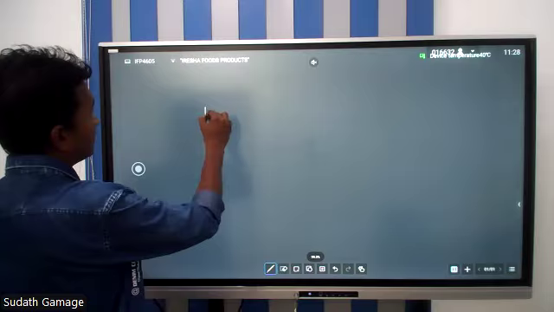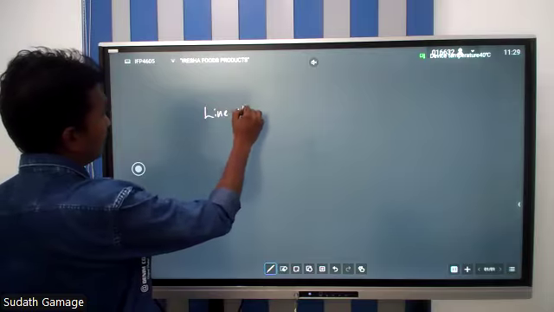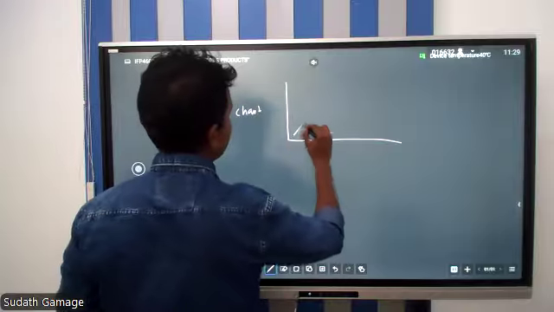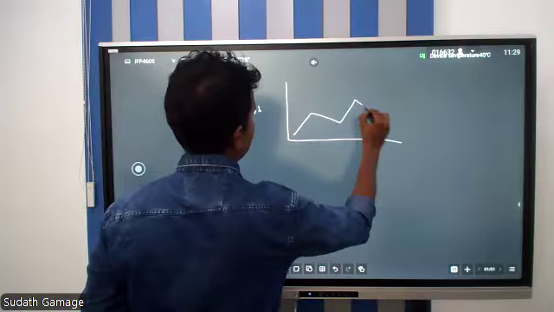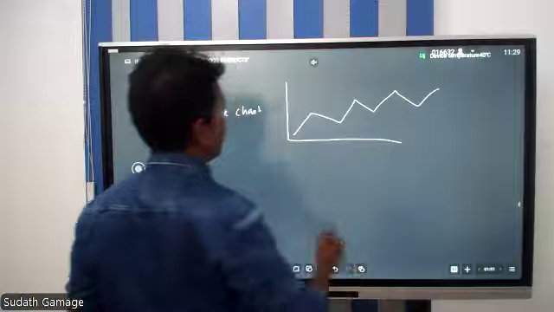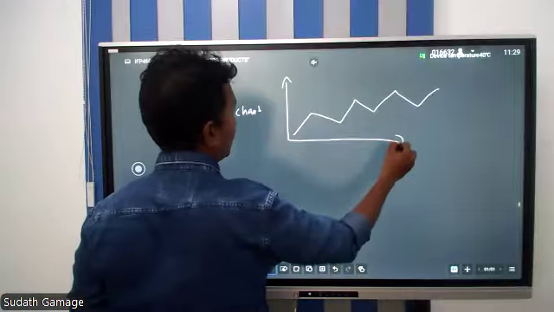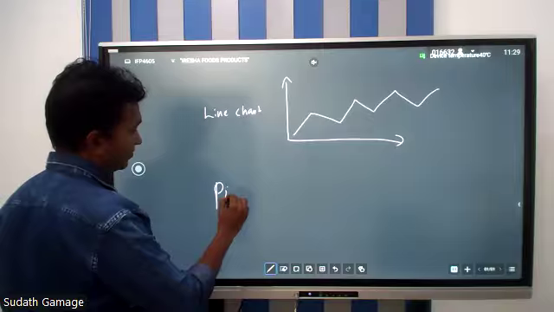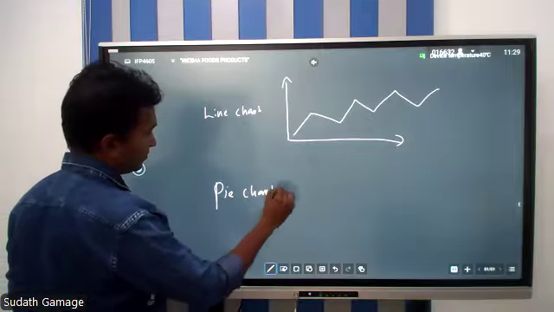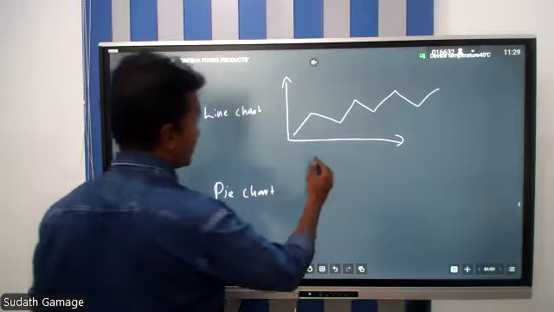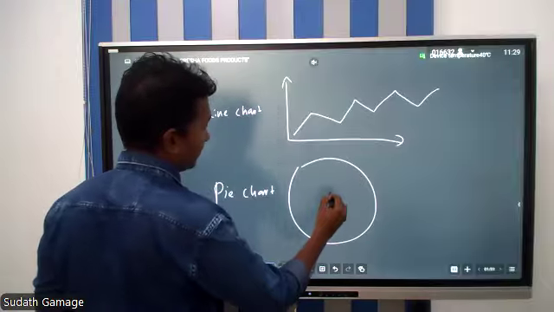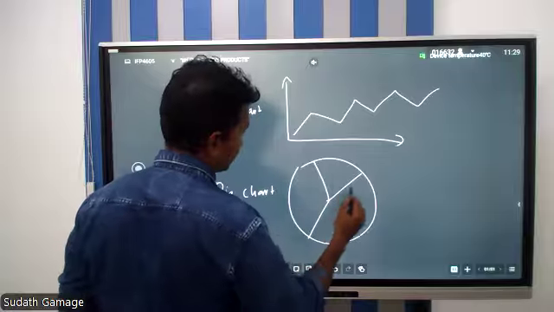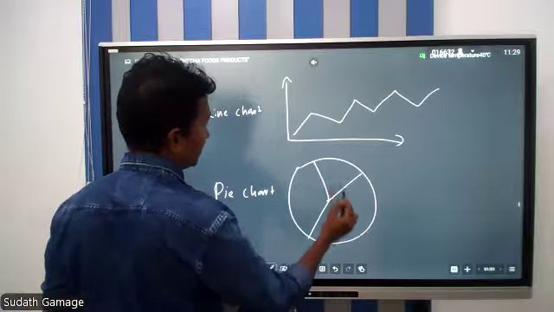What is a line chart? Line chart is like this, right? This is a line chart. Pie chart is like this. We can see the portion from the whole thing.